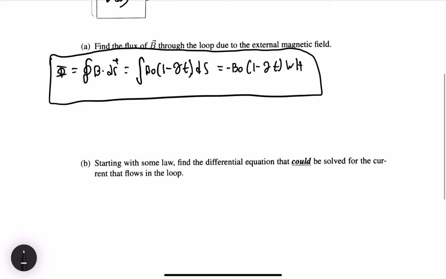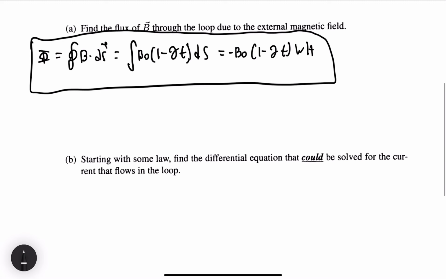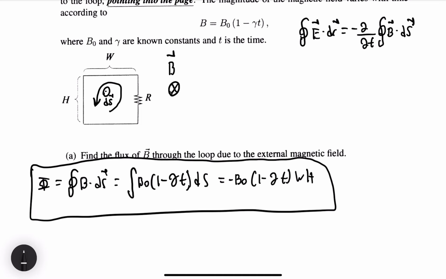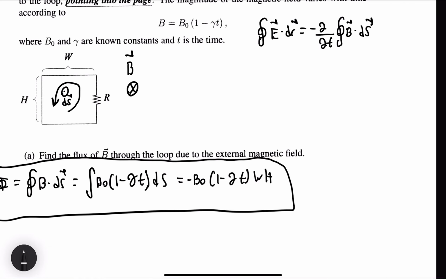So now for part B, we want to find a differential equation that could be solved for the current that flows in the loop. Like the other problem, we need to find the total flux, but I need to know what B self is. That's where Lenz's law is going to come in.